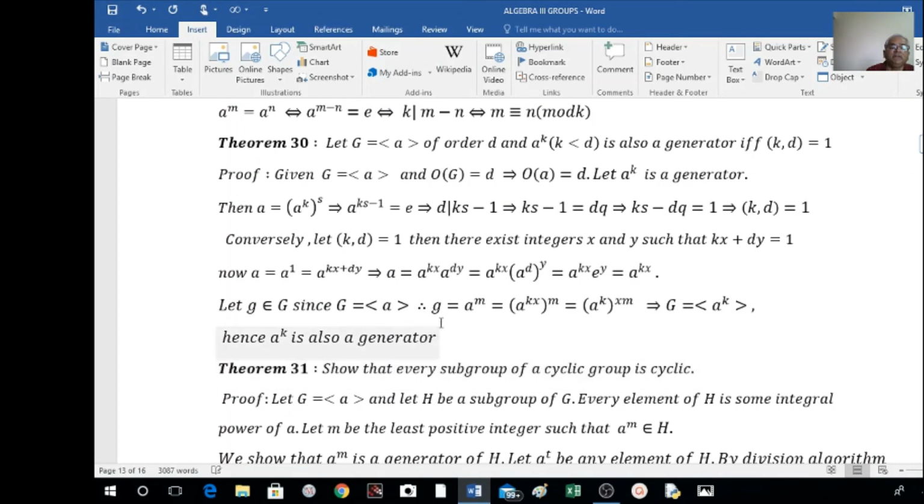What I am doing here is expressing g as a power of a^k, and g is an arbitrary element of G. That means every element of G can be expressed as integral powers of a^k. This shows that a^k is also a generator, that is G is equal to the group generated by a^k. Hence a^k is also a generator. Okay, thank you. I will stop here.